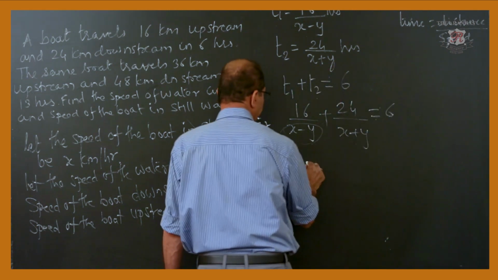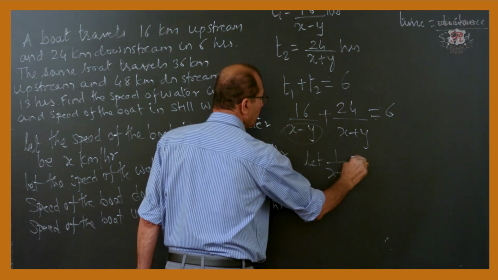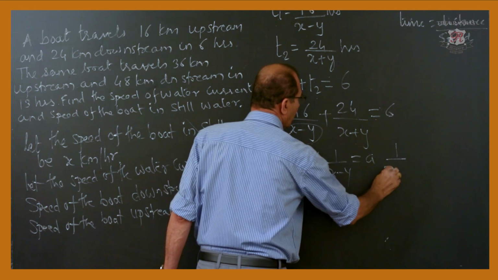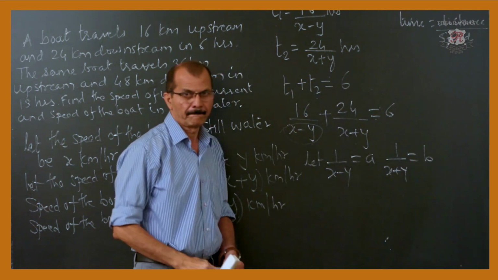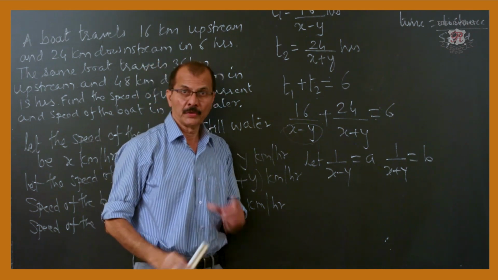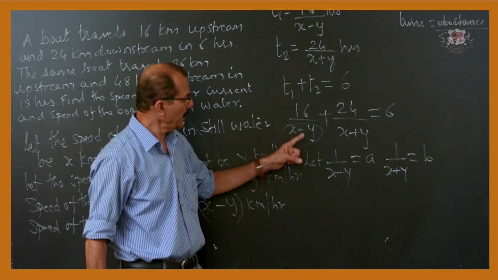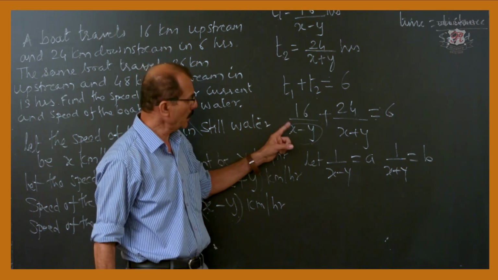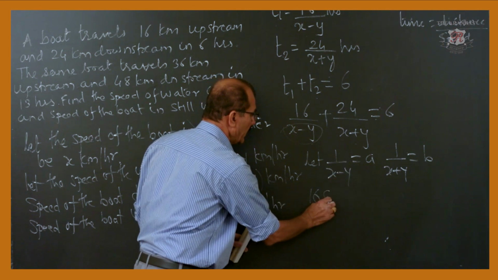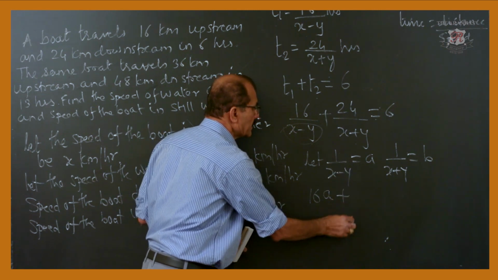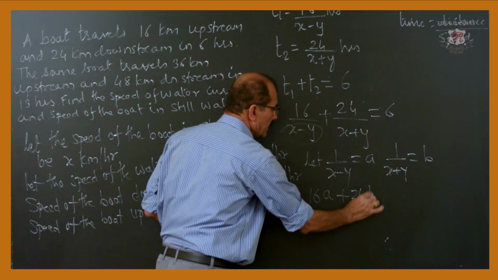So, let 1 upon x minus y be a and 1 upon x plus y be b, as I told you in the last lecture. So, 16 upon x minus y: what I will get is 16, 1 upon x minus y is a, plus 24, 1 upon x plus y is b.